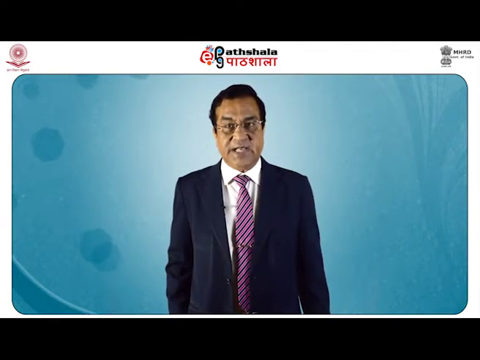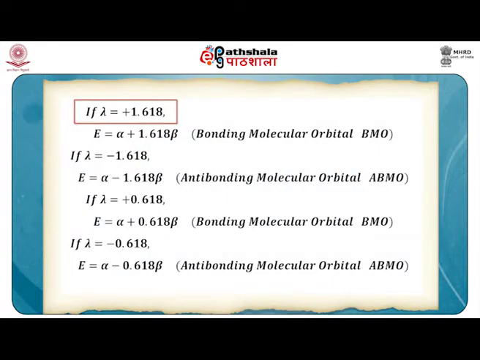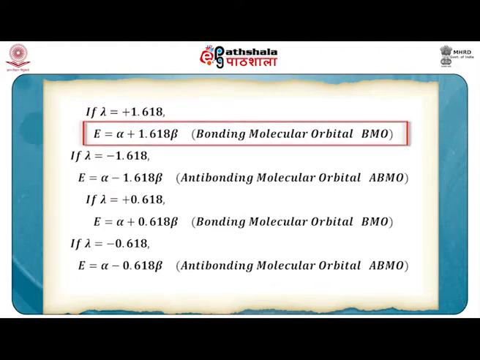If lambda is equal to plus 1.618, then the energy of the molecular orbital is alpha plus 1.618 beta. Since alpha and beta are both negative, this value is negative, and we call this the bonding molecular orbital, BMO.